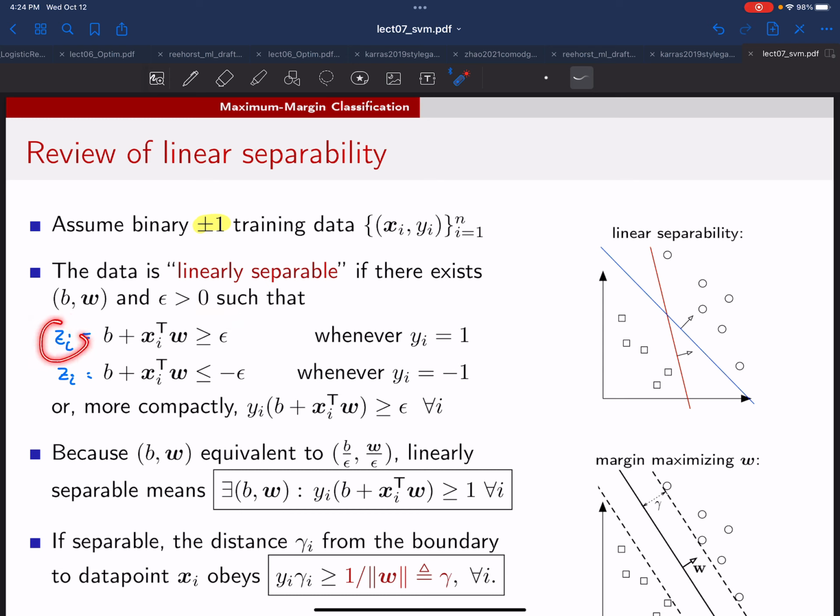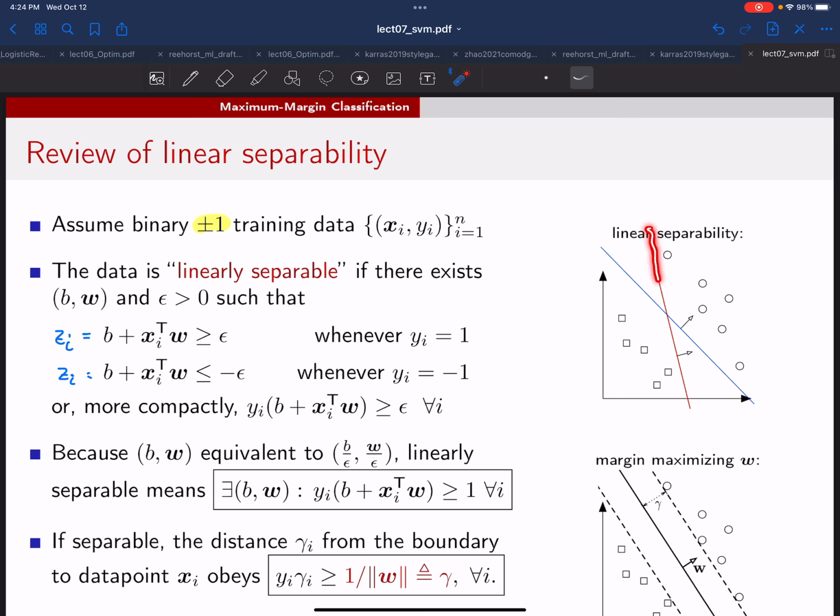So basically the score must also be positive. If the label is positive, the score is positive. On the other hand, if the label is negative, the score is negative. That's basically how we can think about linear separability.